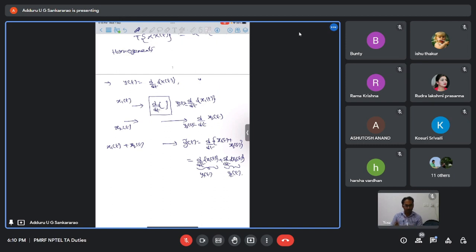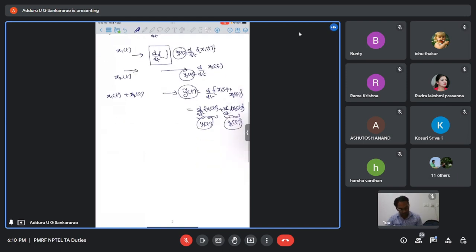So when combined input I am giving, the combined output is equal to the individual outputs. So y1 of t is when x1 of t is given alone, and y2 of t is when x2 of t is given alone. So we can say it is following additivity property.